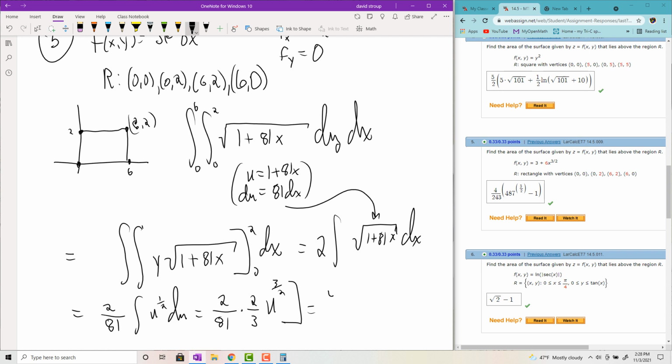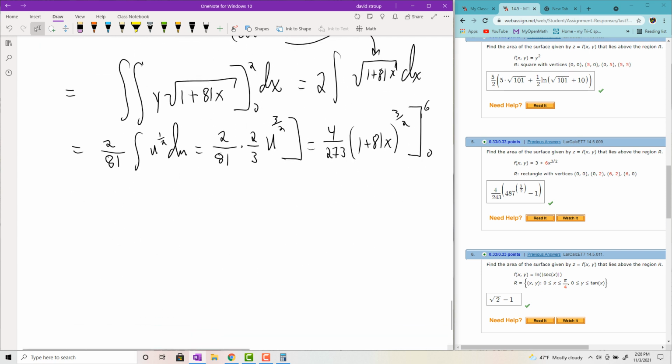Back subbing, 4 all over 243 times 1 plus 81x to the 3/2 from 0 to 6. And then we get 4 all over 243 times 1 plus 486 is 487 to the 3/2 minus 1 plus 0 to the 3/2, just 1.